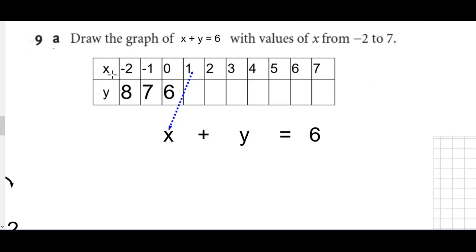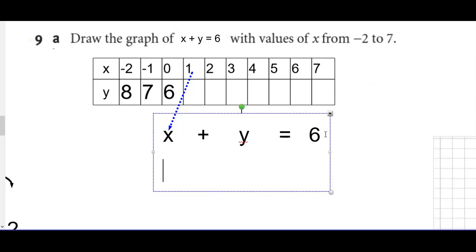Substitute x equal to 1 here, and then proceed with the calculations. Substitute the value of x as +1, and then go ahead adding it to y. So plus y, that equals to 6.